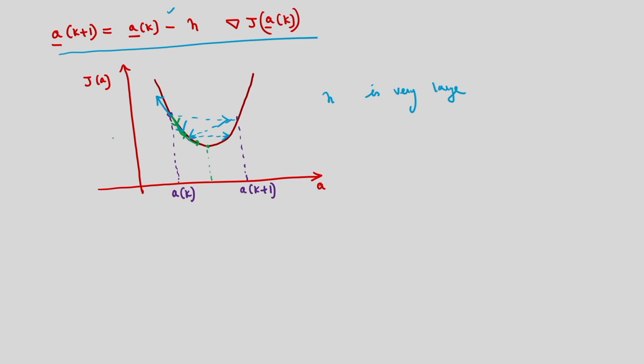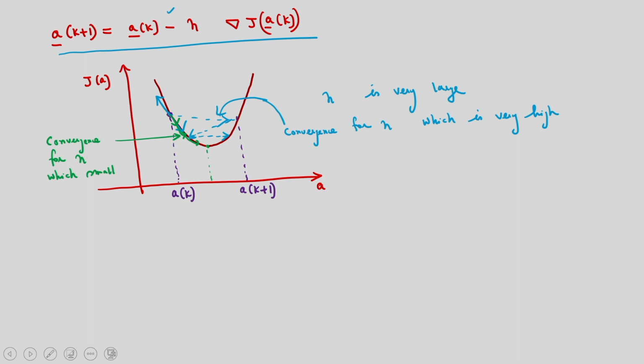So this is the convergence for eta which is small, and this is the convergence for eta which is very high.